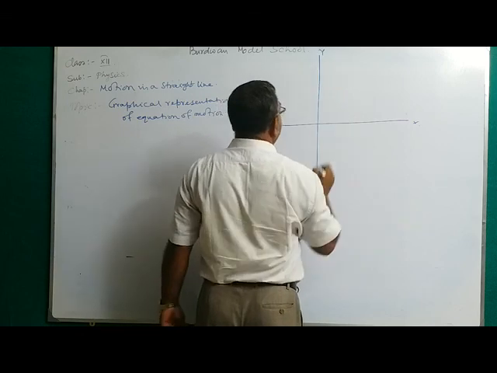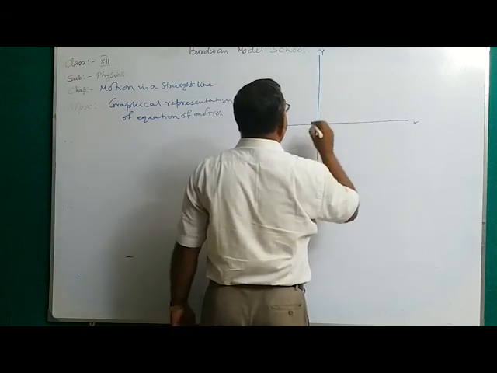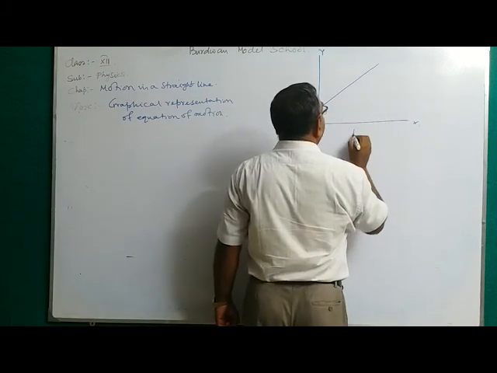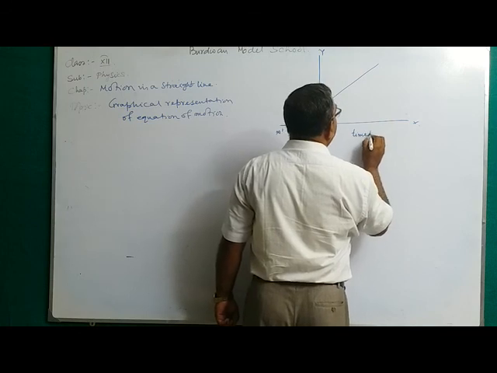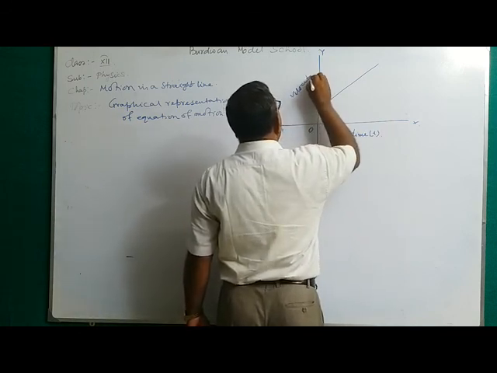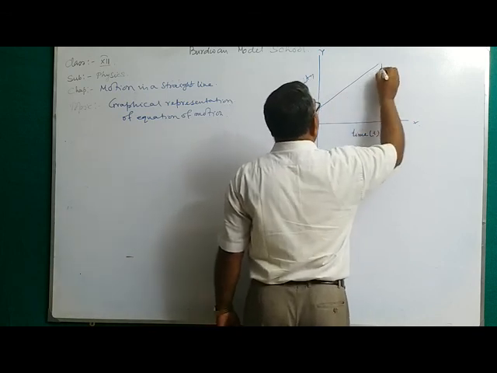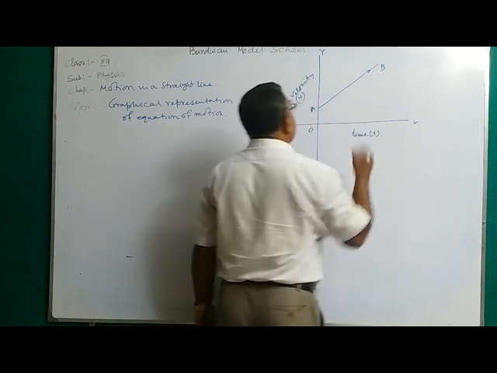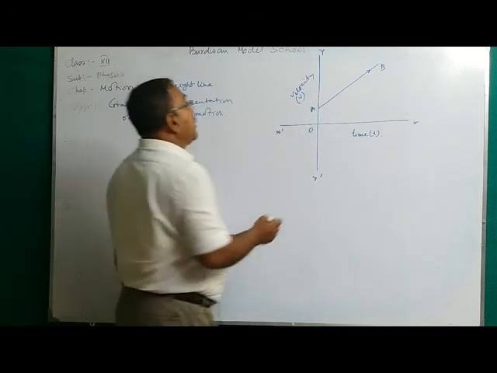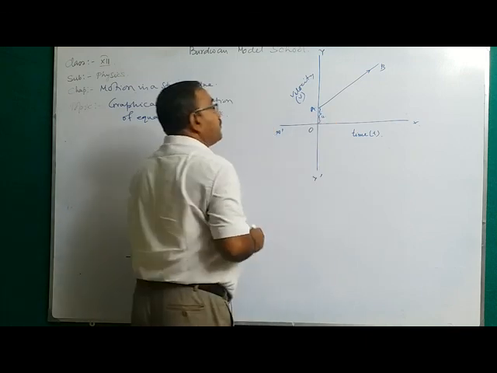X and Y, this also Y dash, that is X dash. This is the origin. This is the line. This line represents the uniform acceleration with the initial velocity OA equal to u.